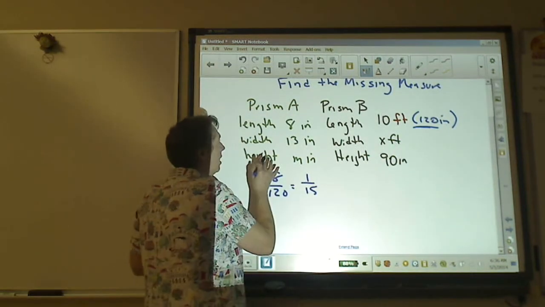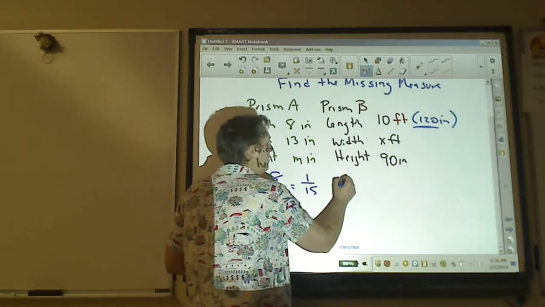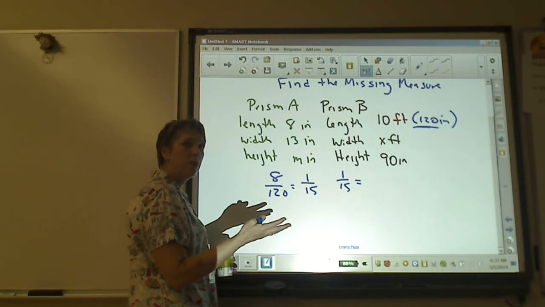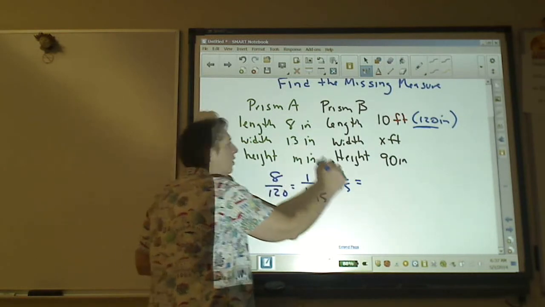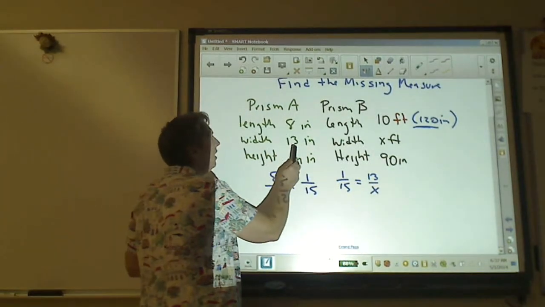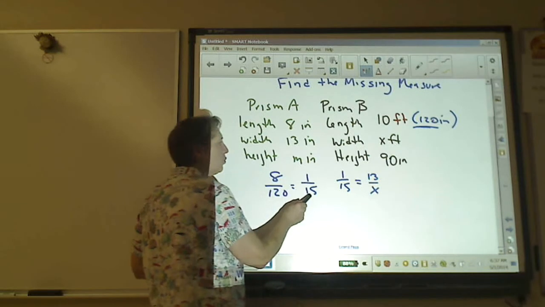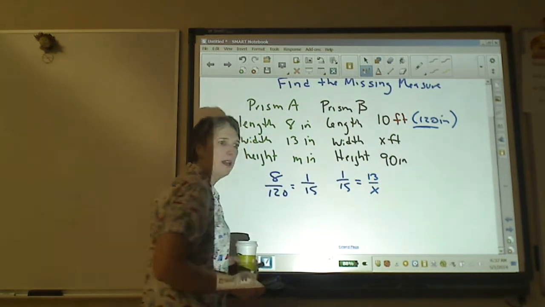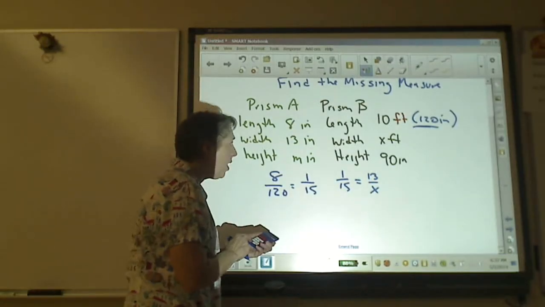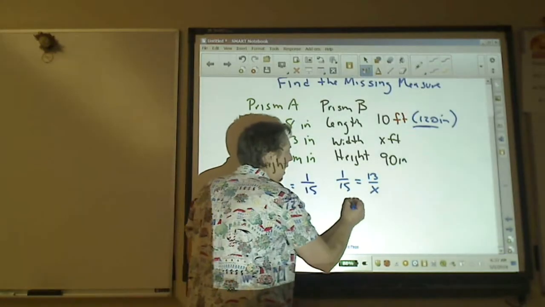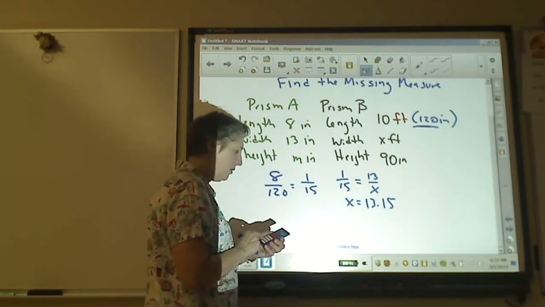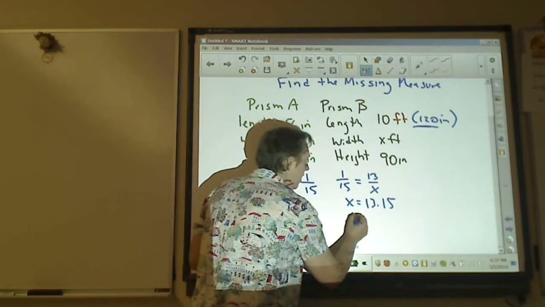So now, how do we write it? We say 1/15 equals, because that's our ratio, our proportion for one measurement, and then 13 over x, because we're comparing 8 to 120, which is 1/15, with 13 to x. Get our calculator, and we do the cross products property. You have to show your work. X equals 13 times 15. 13 times 15 is 195.